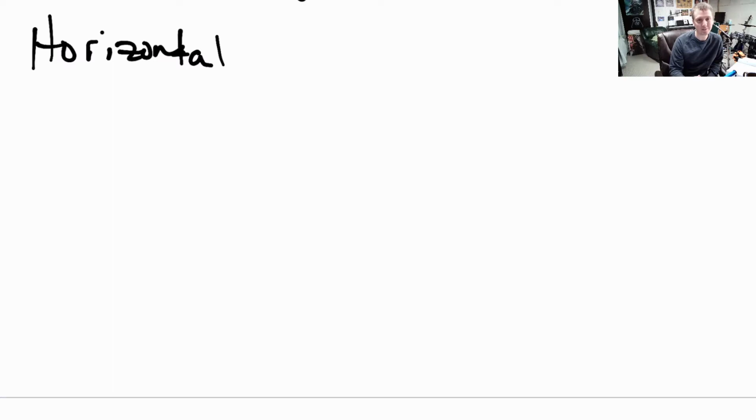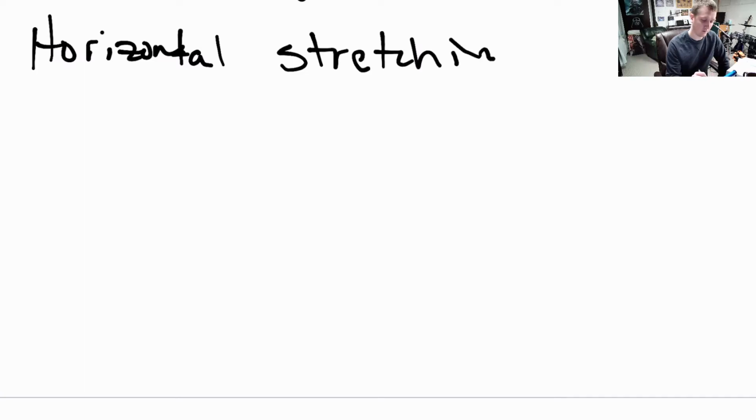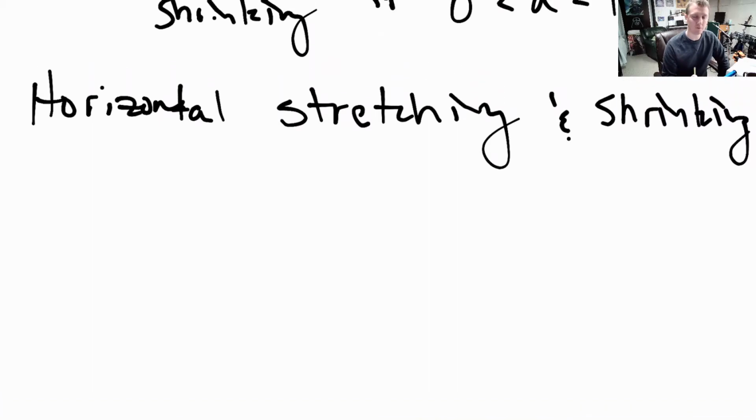With the horizontal shrinking and stretching, we're going to adjust the input. And just like before, where things were sort of backwards, we subtracted from the input to move things to the right, and we added to move things to the left. Things are sort of backwards here, I will say.